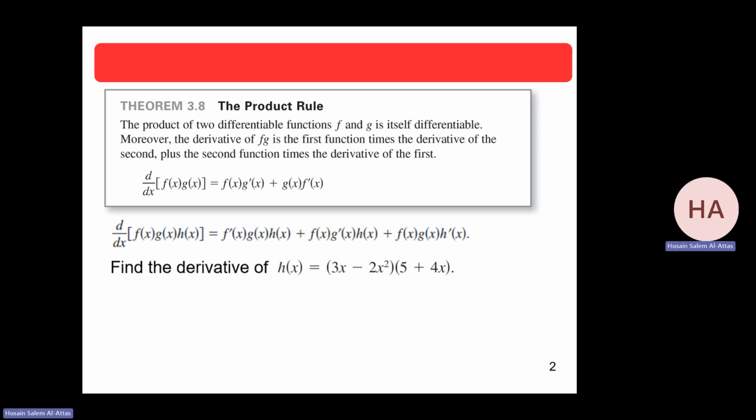Okay, so what is the product rule? If we have the product of two differentiable functions, f and g, then if both f and g are differentiable, then their product is differentiable also.